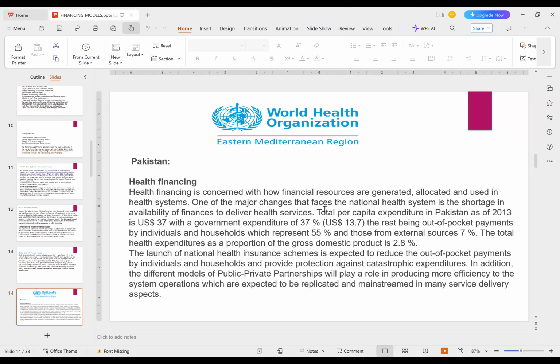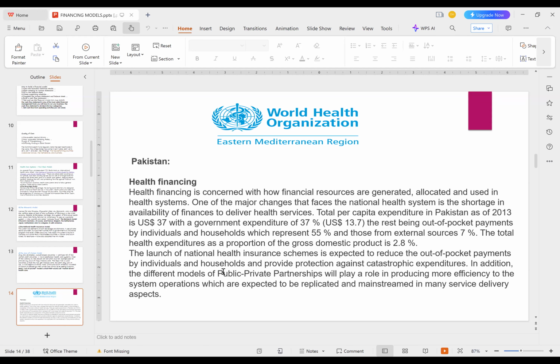One of the major challenges that faces the national health system is a shortage in availability of finances to deliver health services. Total per capita expenditure in Pakistan as of 2013 is 37 US dollars, with a government expenditure of 37%, the rest being out-of-pocket payments by individuals and households, which represents about 55%, and those from external sources, 7%. The total health expenditure as a proportion of the gross domestic product is 2.8%.